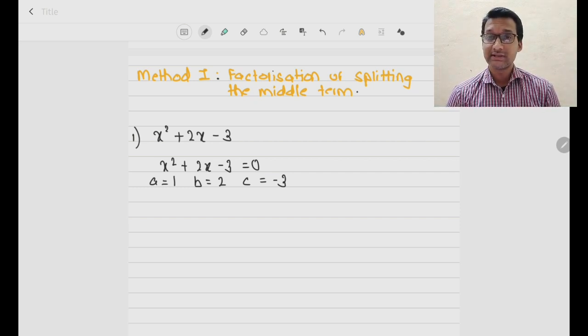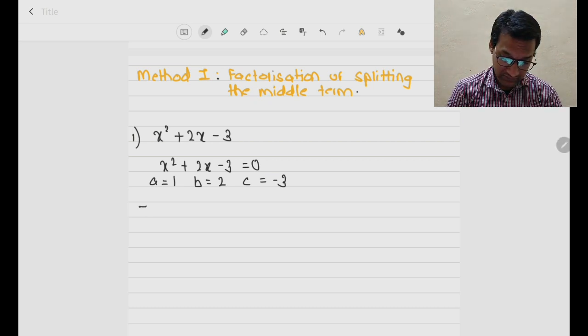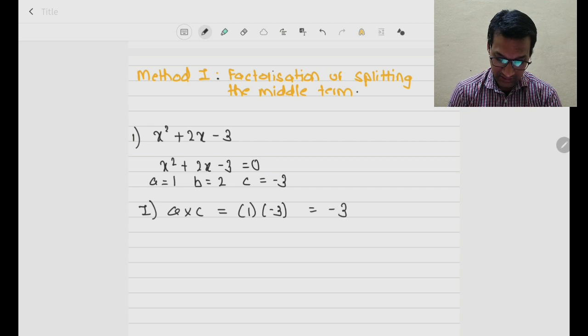Now try to understand this step in a stepwise manner. First, what we will have to do is multiply A into C. We have A as 1 and C as minus 3, so we will get the answer minus 3.